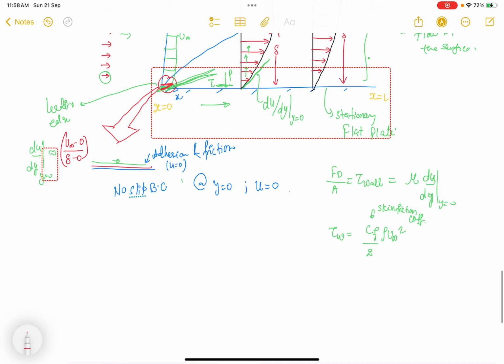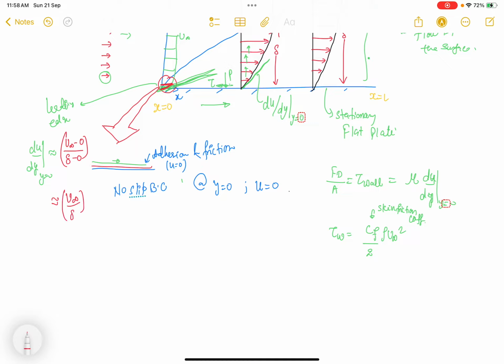So that's why the velocity gradients are highest at the leading edge.